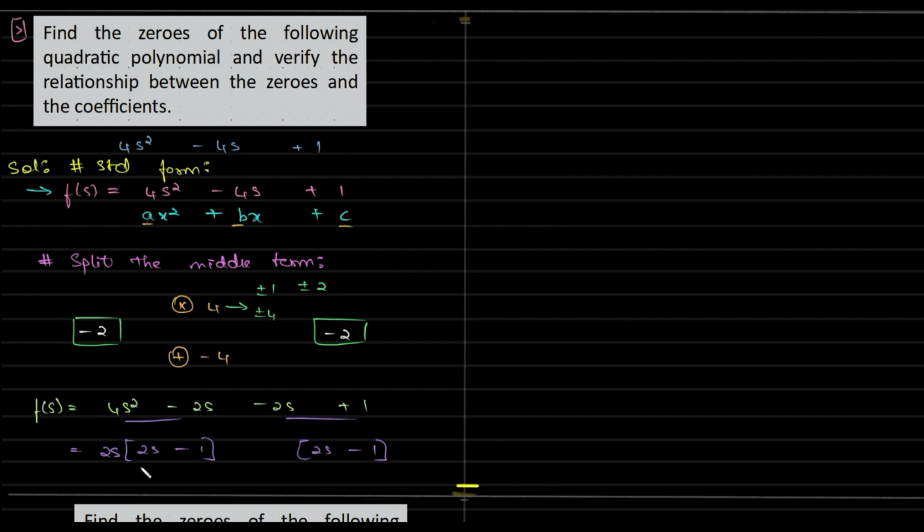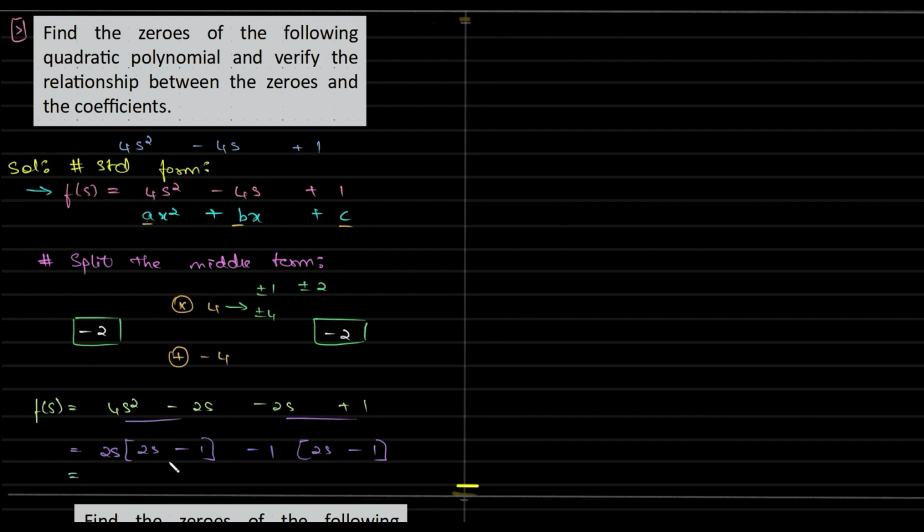If you look at it, you won't feel that there's anything common. Whenever you come across a scenario wherein no numbers are common, by default it is 1, either plus 1 or minus 1. That you need to decide. In this case, it's minus 1. The simple reason being, minus 1 into 2s will be minus 2s, minus 1 into minus 1 is plus 1. So for that reason, it needs to be minus 1 and nothing else.